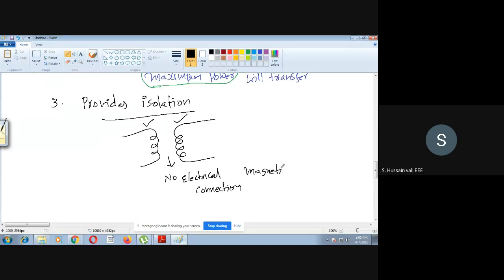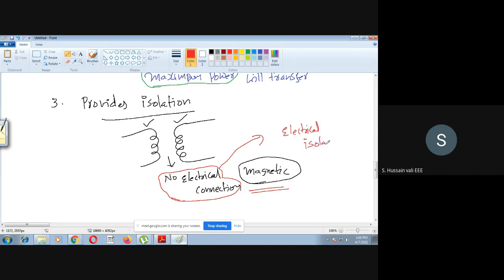So you have a magnetic connection between the primary winding and the secondary winding, and there is no electrical connection. It means electrical isolation. I hope you know the meaning of isolation. Isolation means no connection. So it provides electrical isolation.